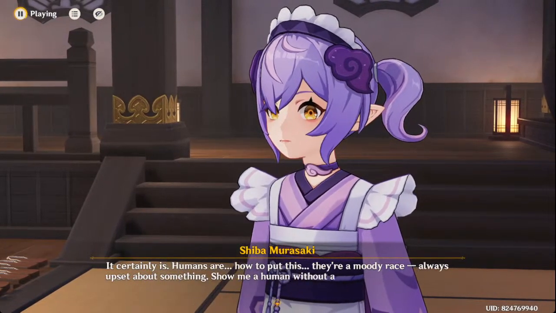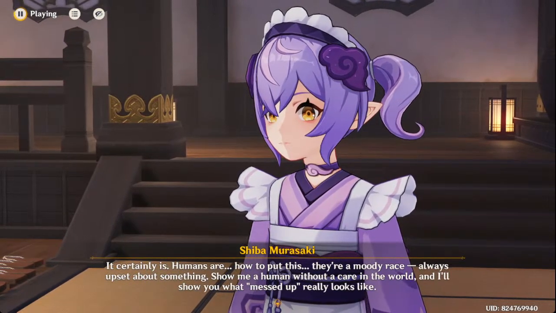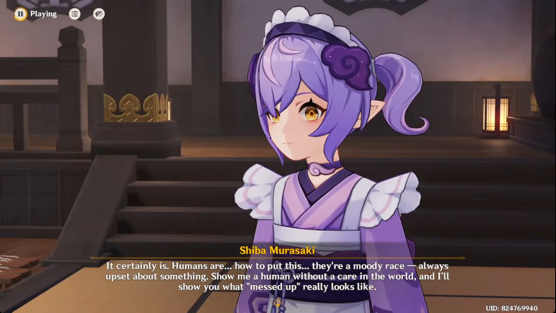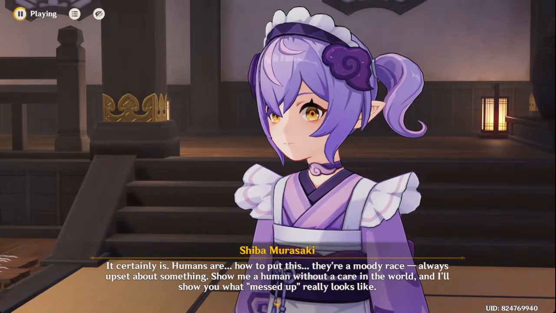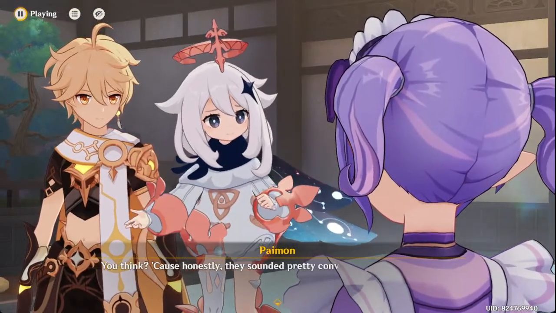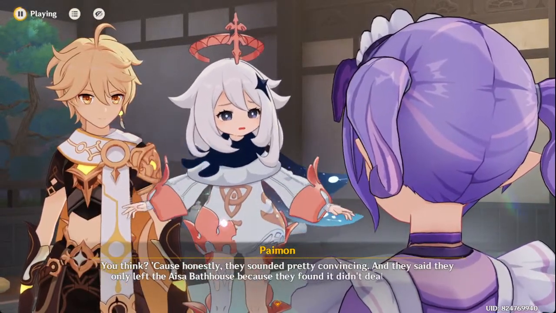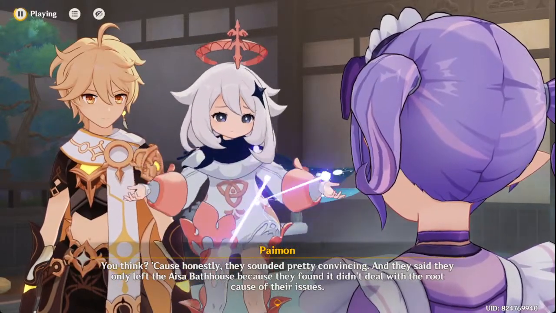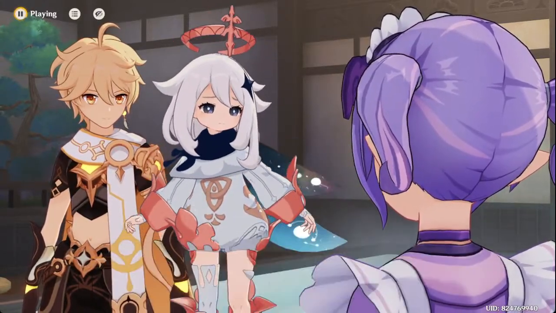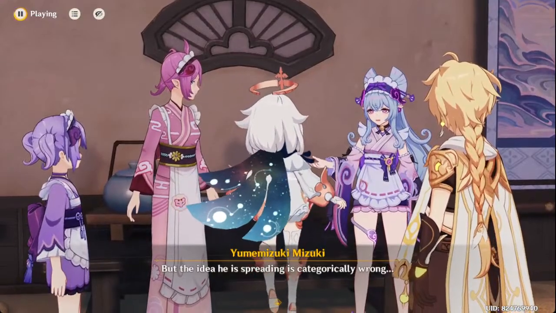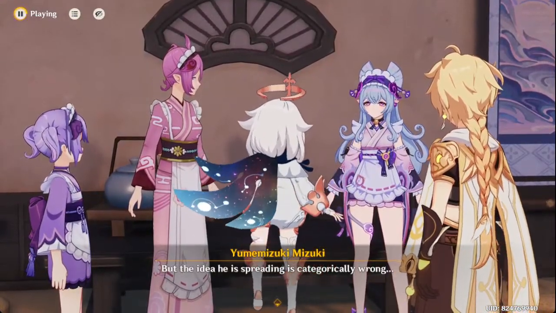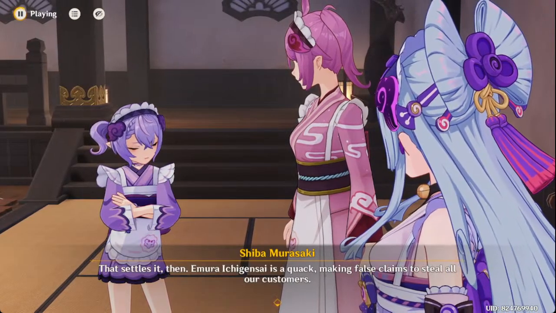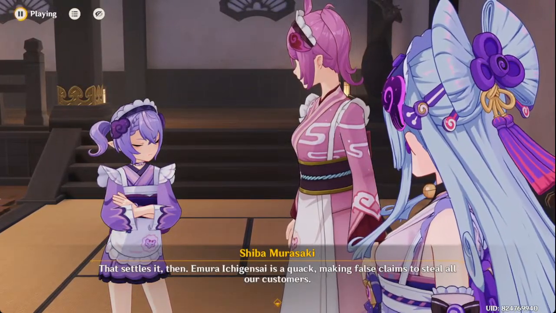Humans are, how to put this, a moody race. Always upset about something. Show me a human without a care in the world, and I'll show you what messed up really looks like. You think? Because honestly, they sounded pretty convincing. And they said they only left the Isa bathhouse because they found it didn't deal with the root cause of their issues. But the idea he is spreading is categorically wrong. That settles it then. Imura Ichigensai is a quack, making false claims to steal all our customers.